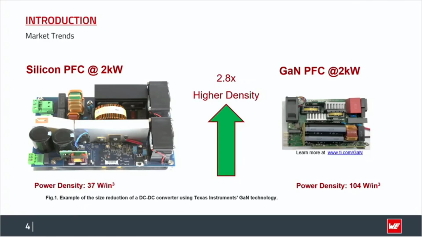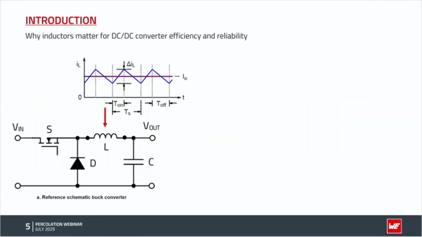So reliability is something that we're concerned about. And why? Because, as you know, in a DC converter, in this case a bus converter, we have a huge amount of voltage input and we want to decrease the voltage at the output.